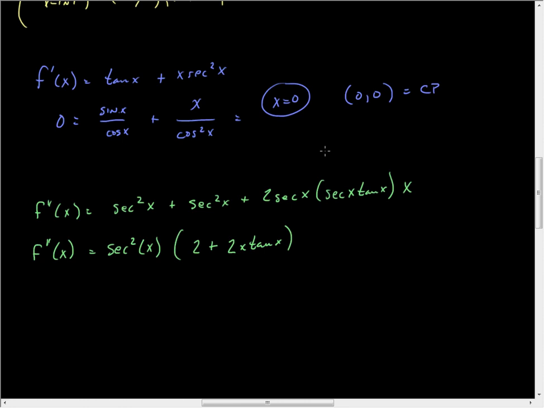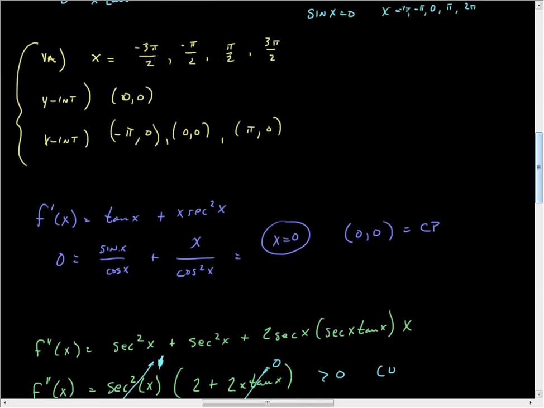Well, at x equals 0, this becomes 1. This becomes 1. This becomes 0, and so we're just left with 1 times 2 is 2, and so this is greater than 0. So it's concave up. So now we have our vertical asymptotes, we have our y-intercept, we have our x-intercepts, we have our critical points, and we have our concavity at those critical points.